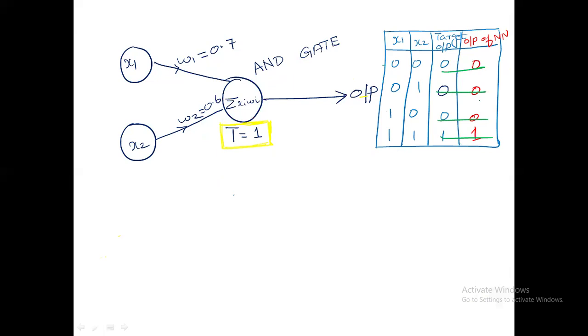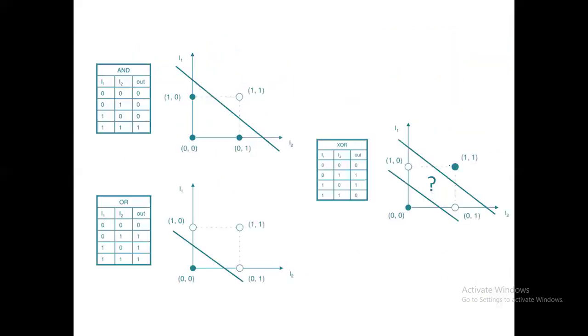Everything is matching, so it has been converged. That means the targeted output is equivalent to the observed output, T minus observed is 0. So we are going to stop the algorithm. That means it has been converged.